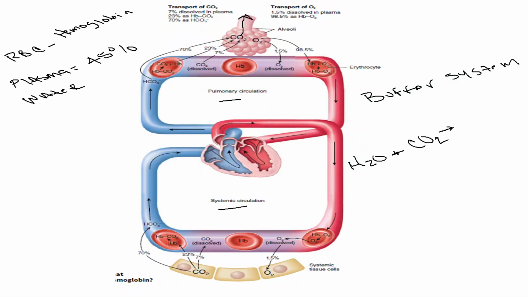If we add these up, we get H2CO3, because two hydrogens, there's one oxygen there and two oxygens here, so that gives me three oxygens, and one carbon.